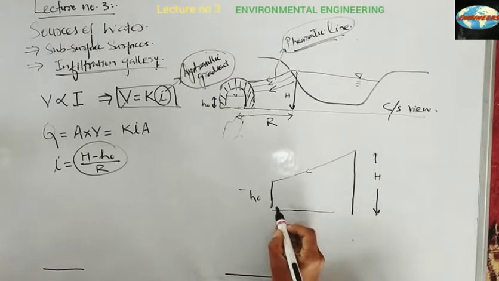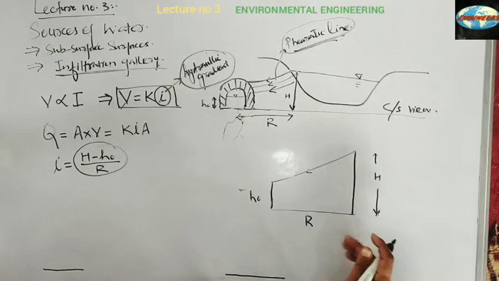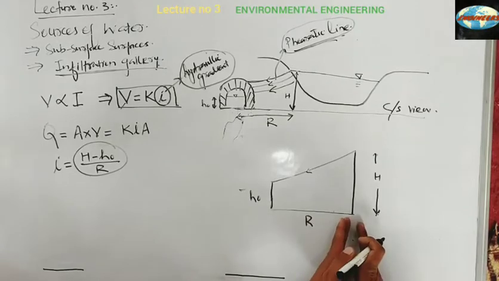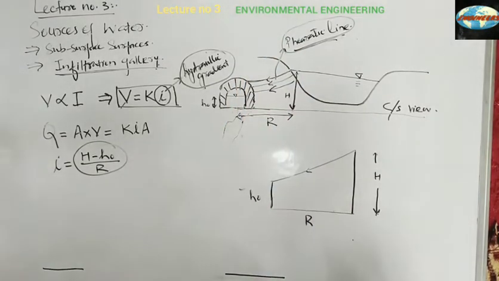And this is R, the distance between the center of this infiltration gallery to the water that is actually in the river.